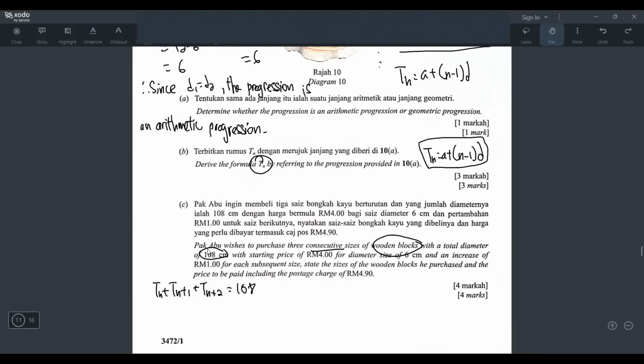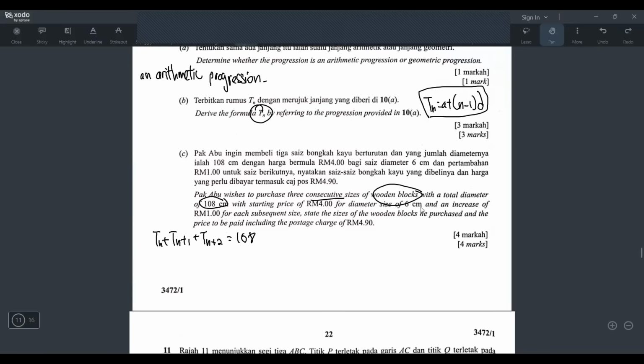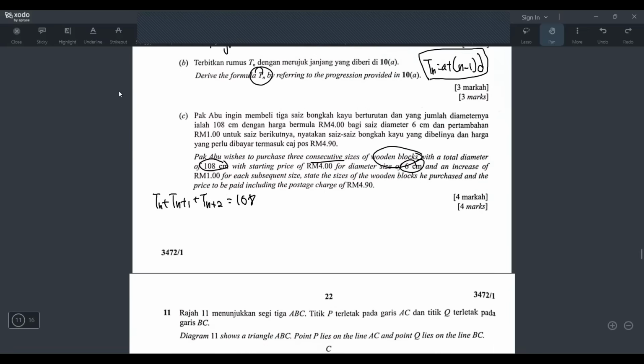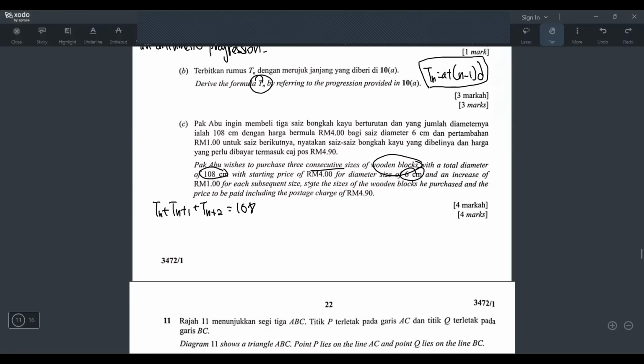With the starting price of 4 ringgit for the diameter size of 6 cm, the price for 6 cm is 4 ringgit, and an increase of 1 ringgit for each subsequent size.